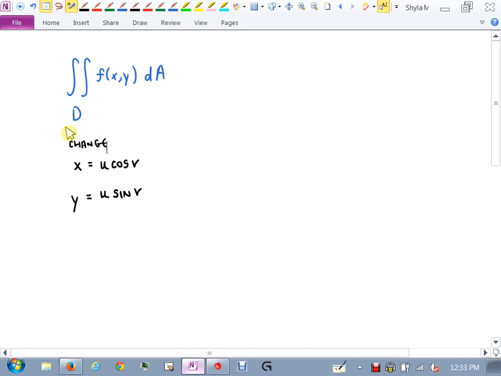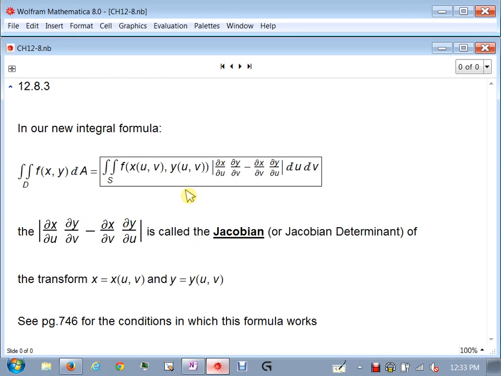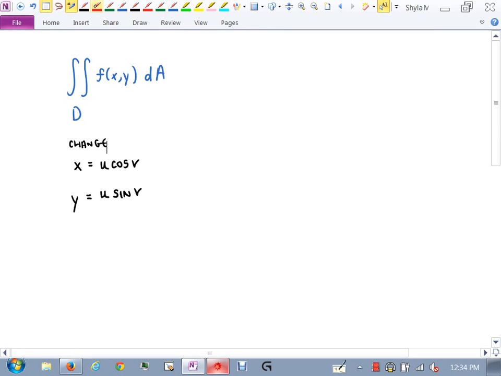So according to the formula here, my new integral is going to be what? f of x of u, v, y of u, v. So this new integral becomes the double integral of f of x of u, v.